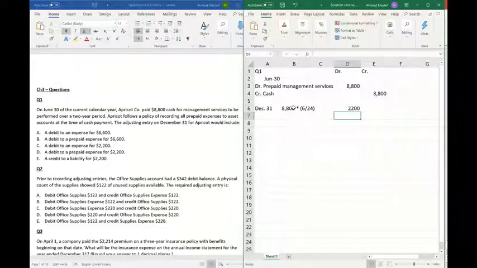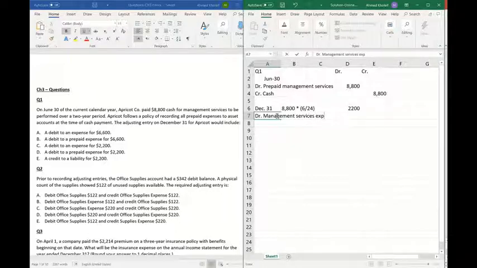This amount is the expense that the company incurred for this year. So when we record it, the debit side is management service expenses. This is the amount used from this expense.